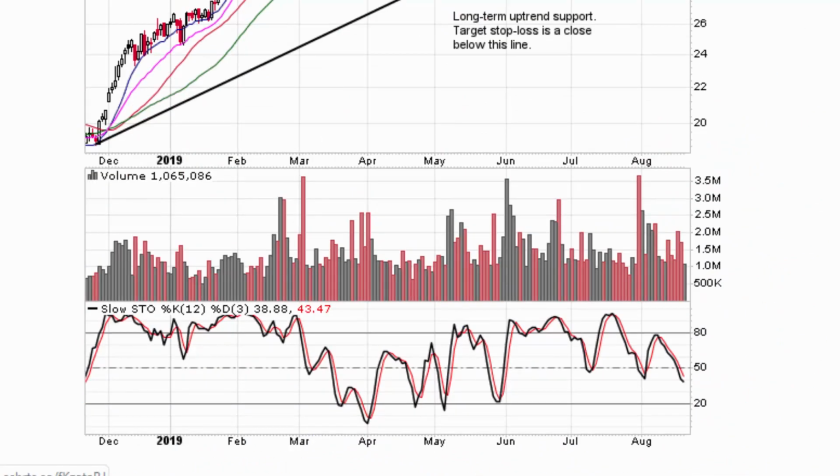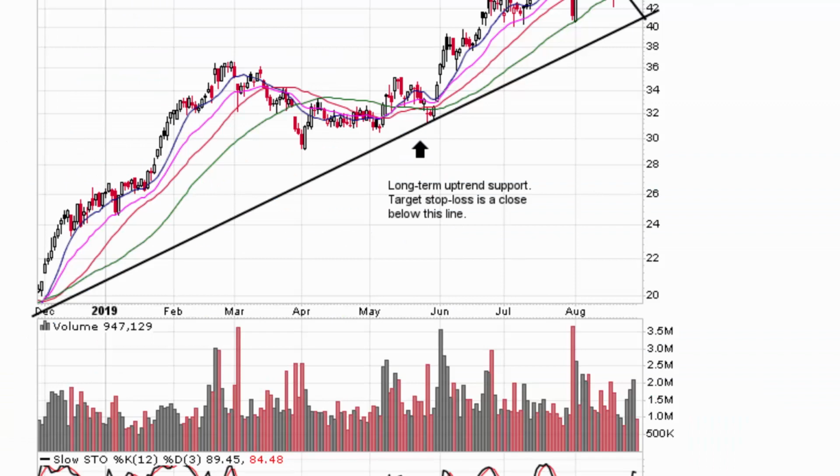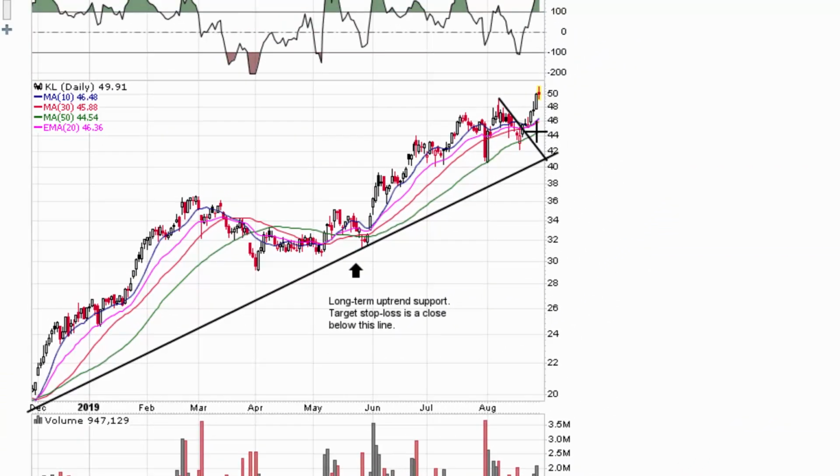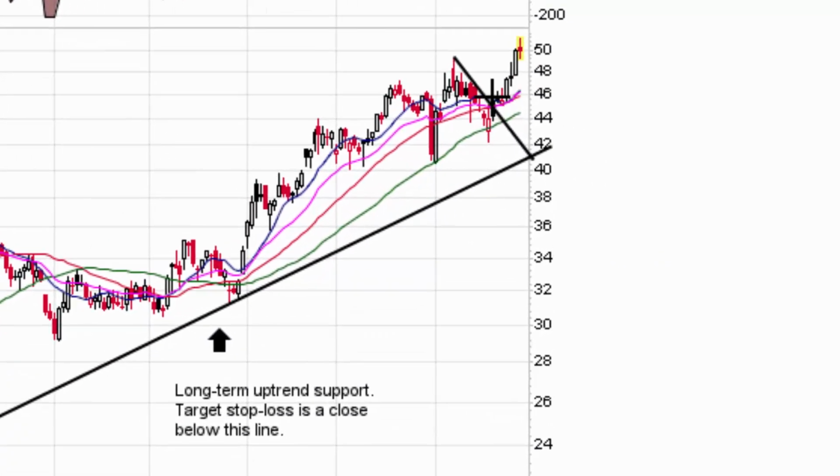The high that day when I put this on the site was 45.61. So we want to see the price go above 45.61, actually 45.65, because we want to see the price go a little bit above the prior day's high to confirm the trend is going back higher.